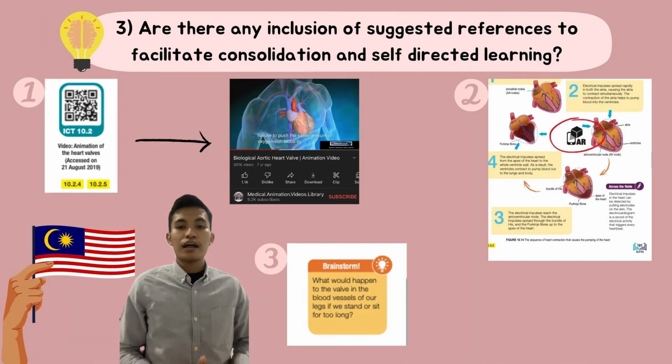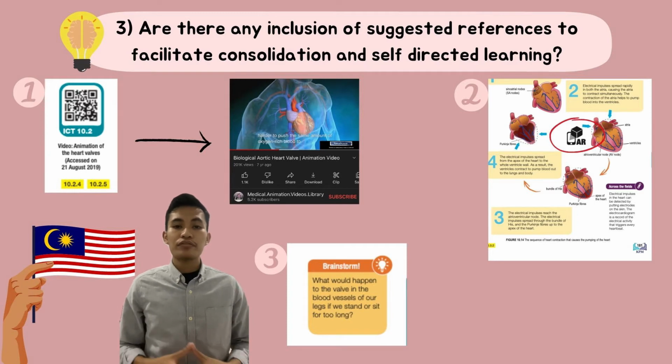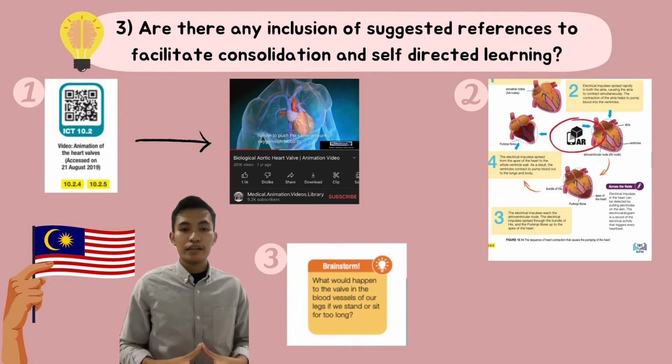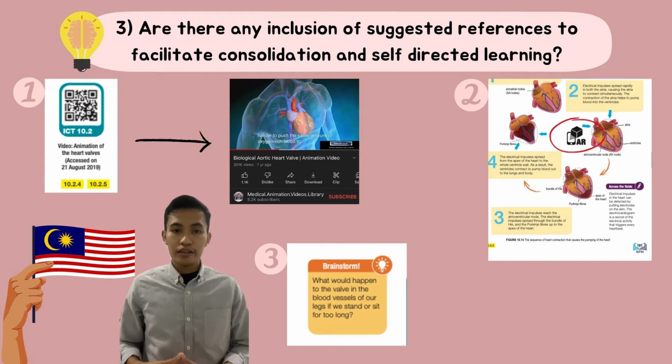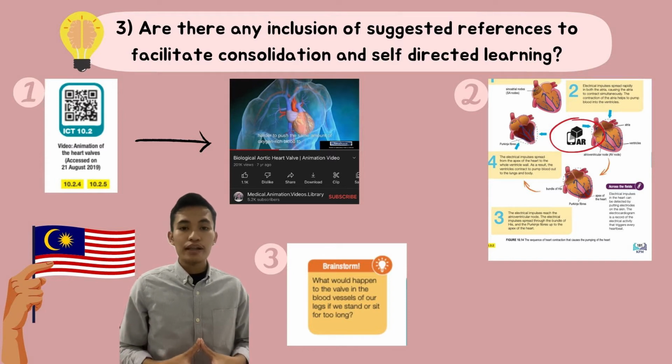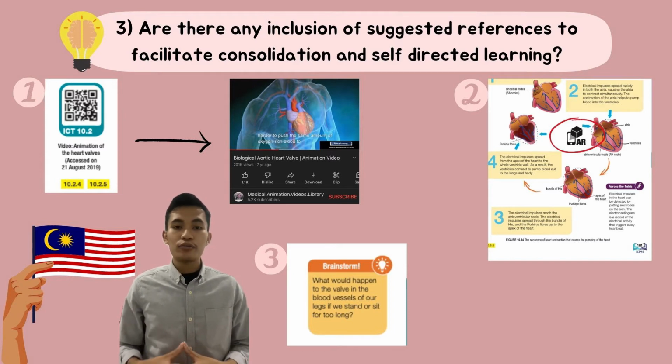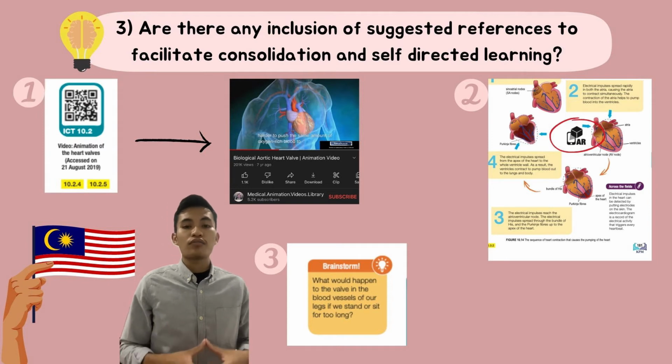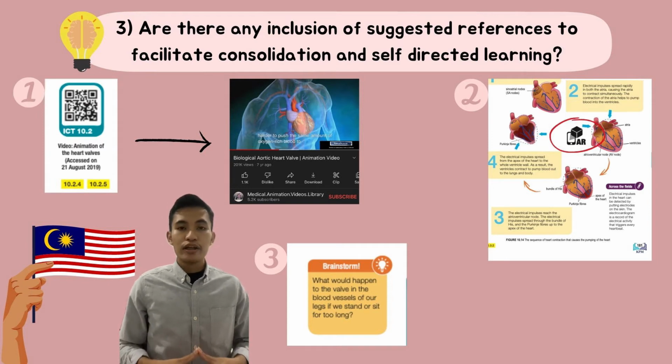Next question. Is there any inclusion of targeted references to facilitate consolidation and self-directed learning for students? The answer is yes. Both KSSM and IGCSE have their own ways to facilitate their students. For KSSM, they use a QR code which links directly to a website, whether YouTube, a learning website, and so on, which students need to scan.